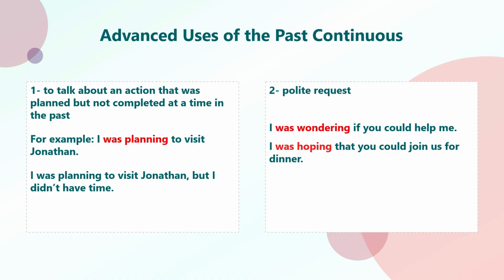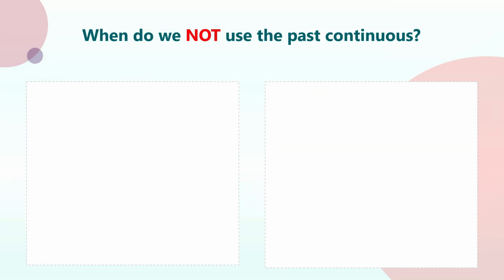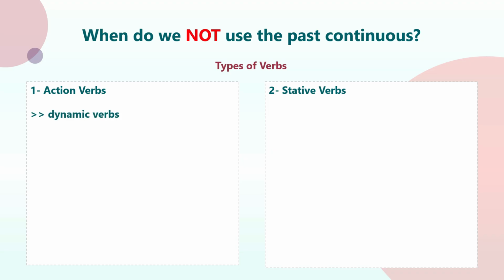Alright, so those are some of the main ways we use the past continuous tense. Now let's see when not to use the past continuous tense. In English, we have two main types of verbs: action verbs and stative verbs. Action verbs are sometimes referred to as dynamic verbs.